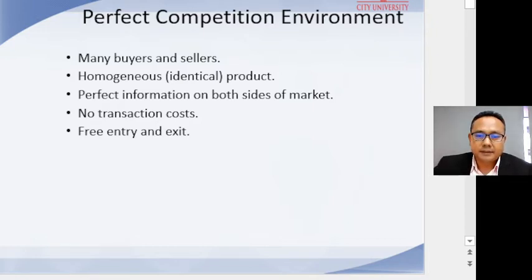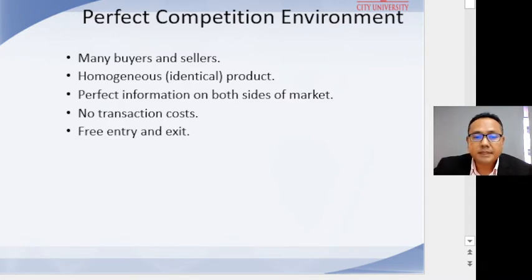The fact that there are many small firms, each selling an identical product, means that consumers view the products of all firms in the market as perfect substitutes. Because there is perfect information, consumers know the quality and price of each firm's product. There are no transaction costs, such as the cost of traveling to a store.